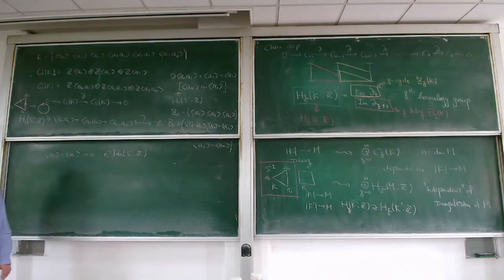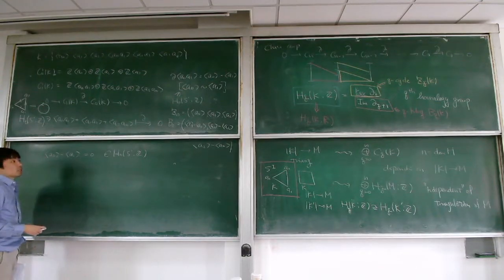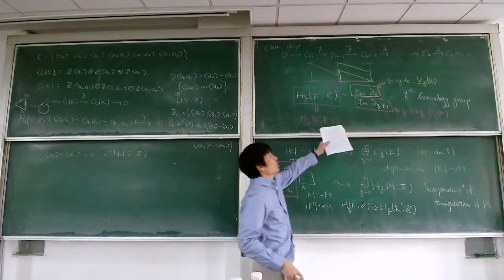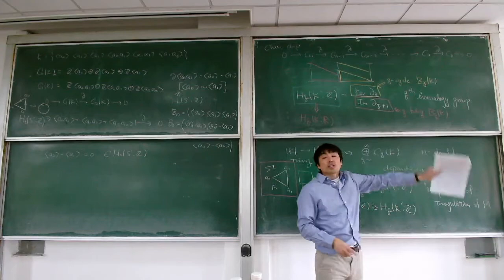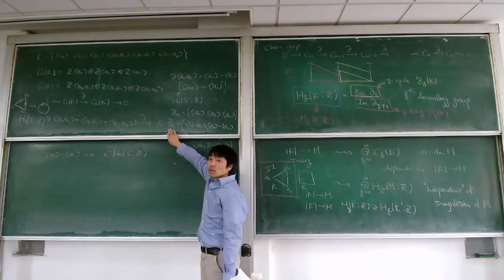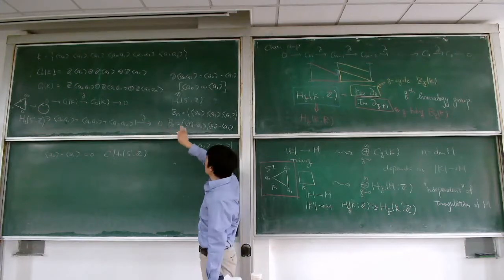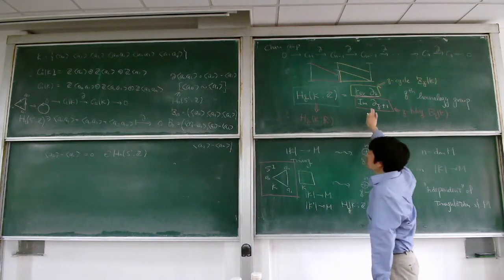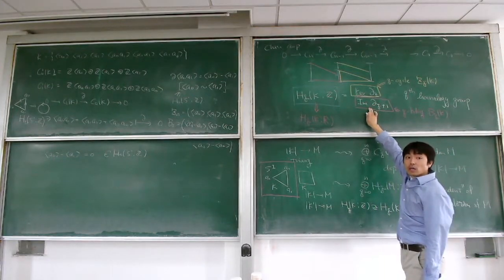You understand what I mean? So this means that this is really the quotient. Once you have the boundary of the one simplex A0 minus A1, you ignore it. Okay? That's what it means.